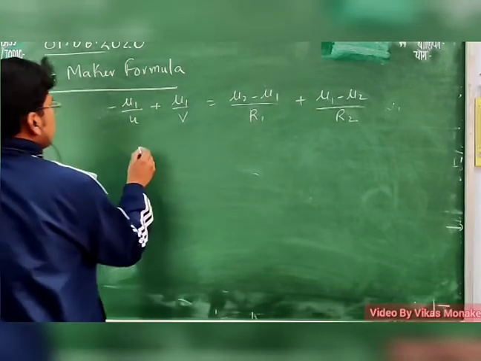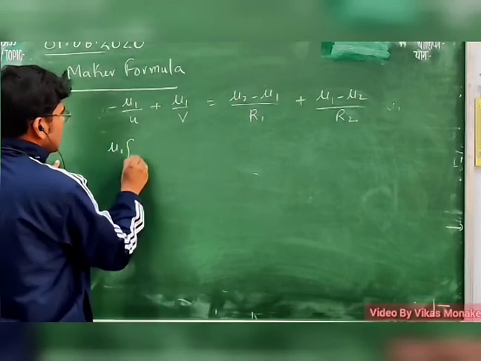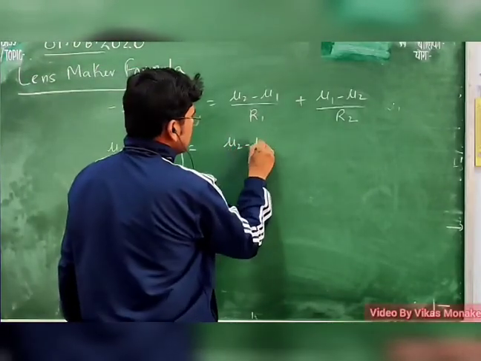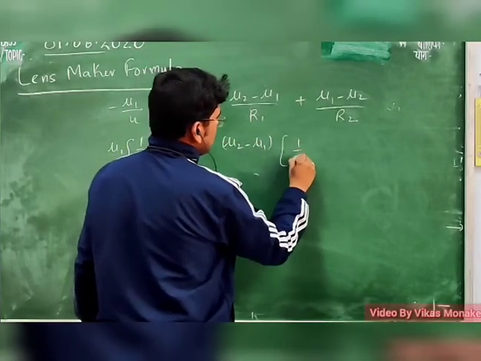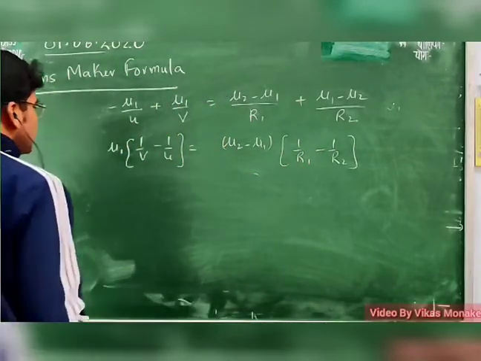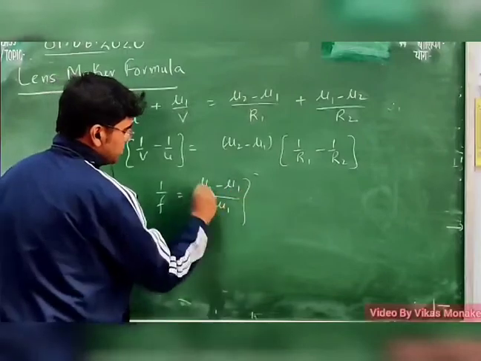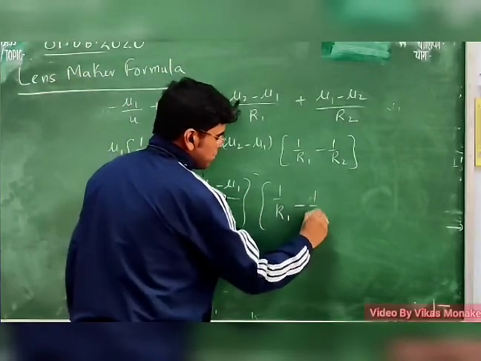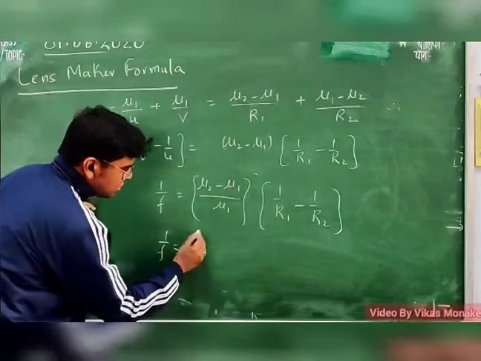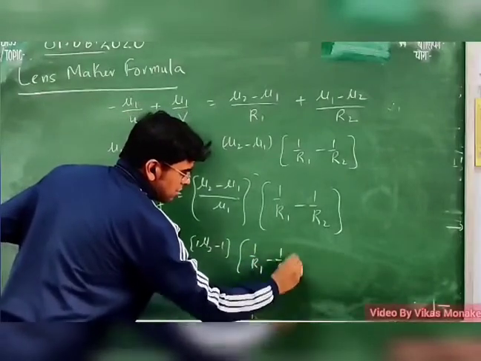Now we will write like this: mu1 common. If we take mu1 common, then it will be 1 upon f equal to mu2 upon mu1 minus 1, times 1 upon r1 minus 1 upon r2.